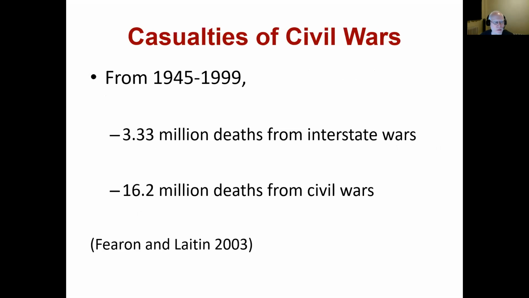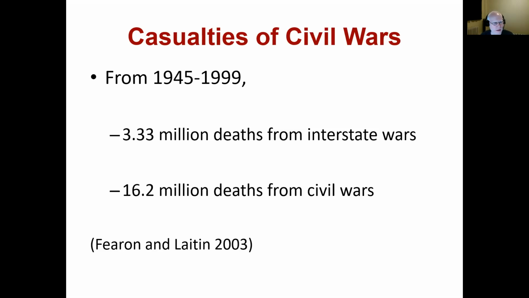And some of that can be explained by some of the statistics that we can see when it comes to civil wars. These are a little bit old, ending in 1999, but they'll show the pattern that we want to see for why we see the change after the Cold War, and why civil wars are an important focus for understanding international relations, right?